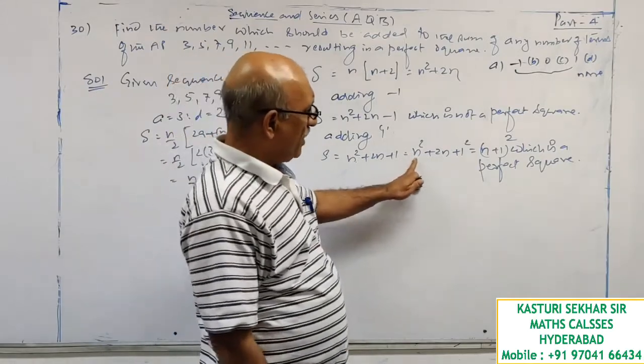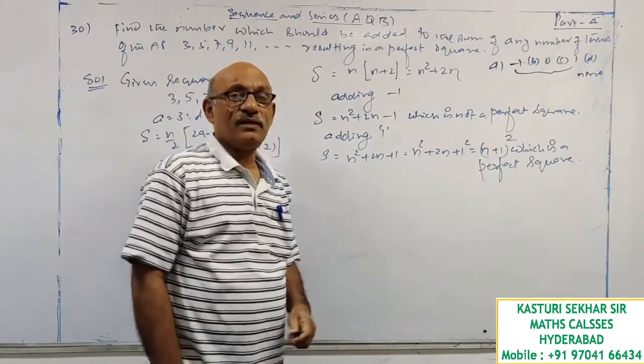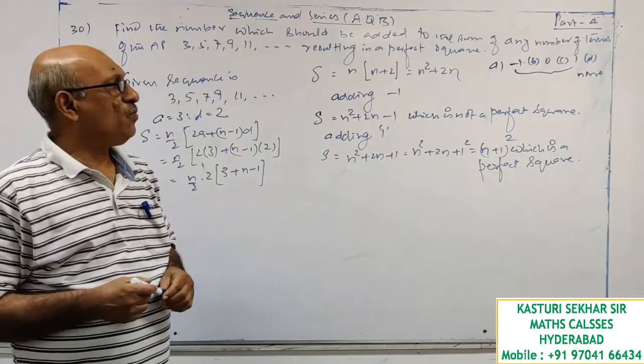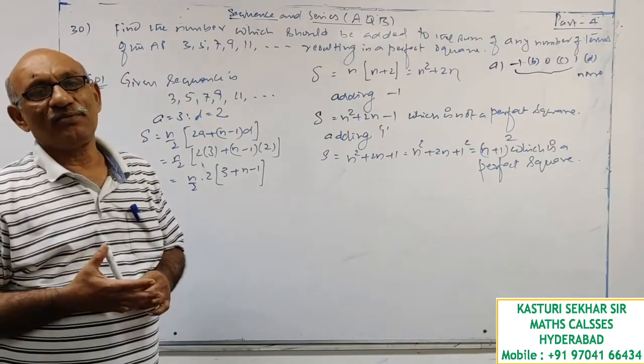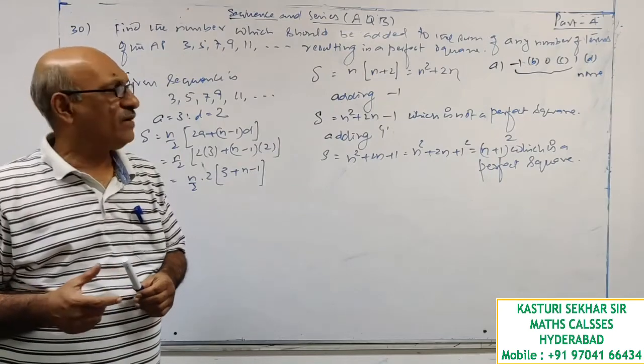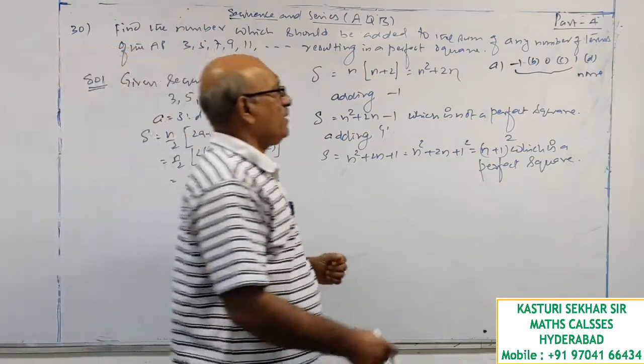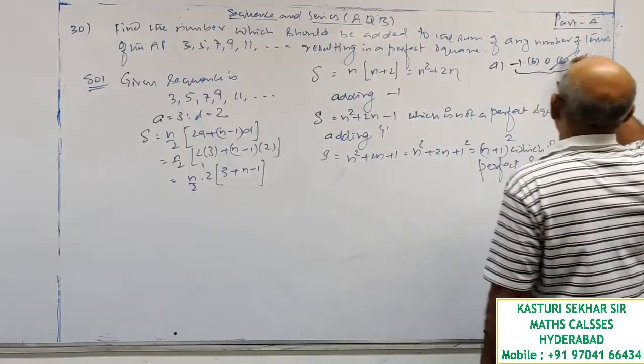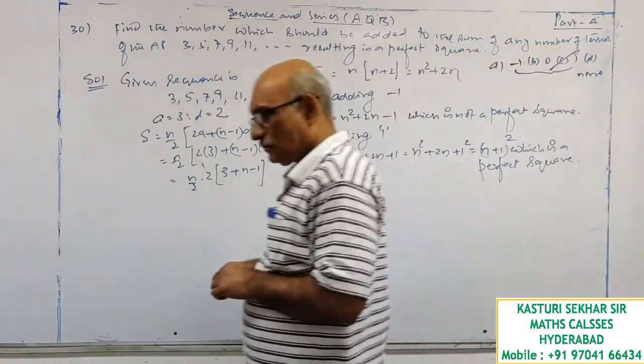It is of the type a square plus 2ab plus b square. So what should I add to the sum of the terms of the given sequence? 1 is added. When 1 is added, it will become a perfect square. What is the option here? Option C.